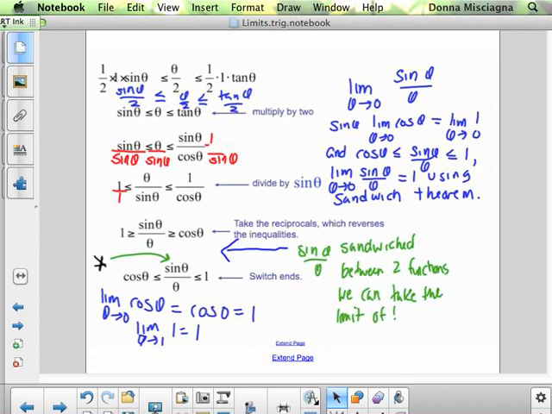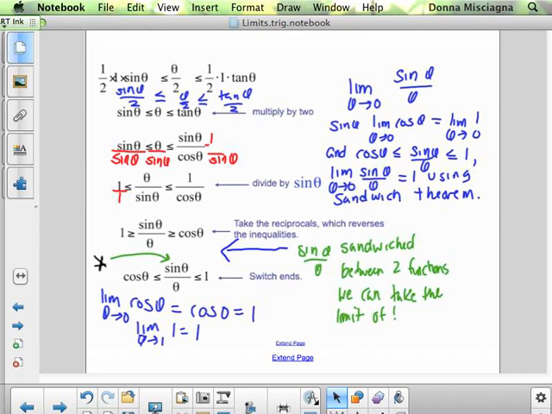So cosine theta is replacing the lower bound, and 1 is replacing the upper bound. How we were able to do that was the relationships on the unit circle with those two triangles and that sector. That was our saving grace, because we can take the limit of all of these now.